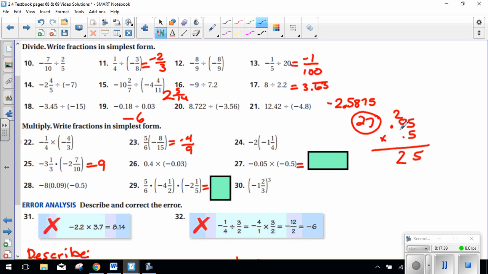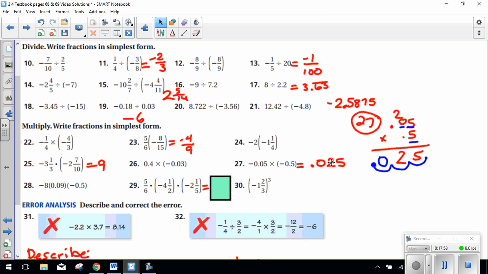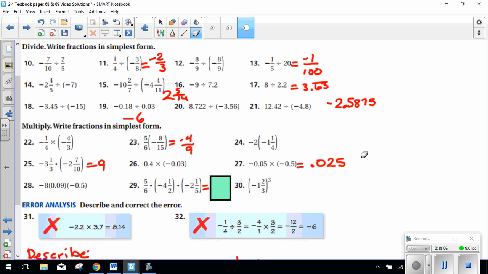Now I count decimal places. 1, 2, 3. So starting here, I go in 1, 2, 3. This empty spot, we get a 0. And then I look at my signs. Negative times negative equals positive. So my final solution is 25 hundredths. All right, that was number 27. So let's move on to 29.